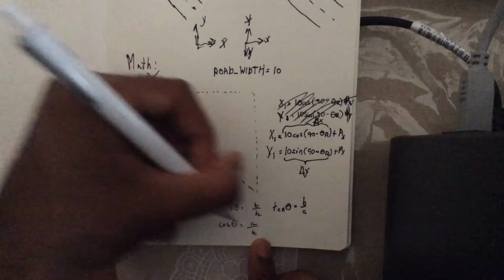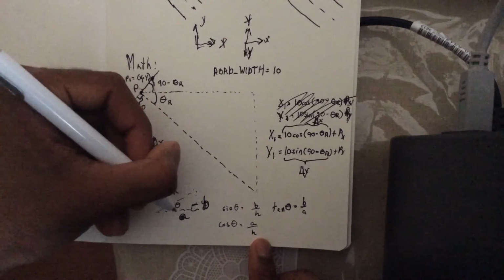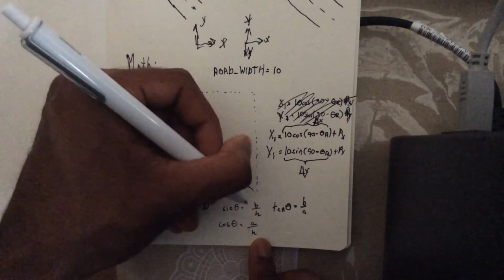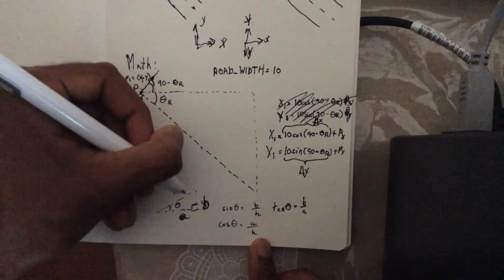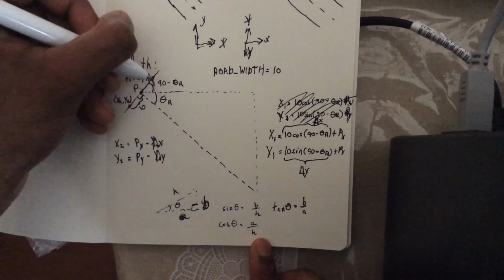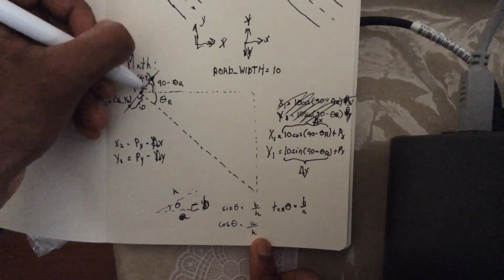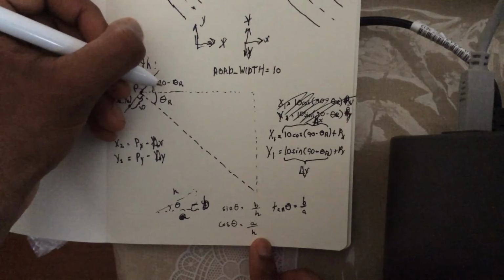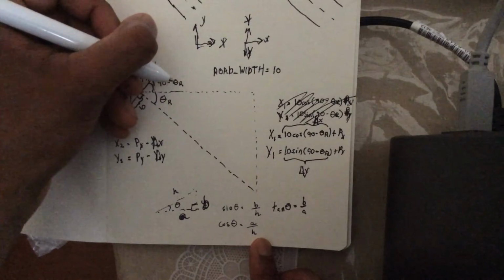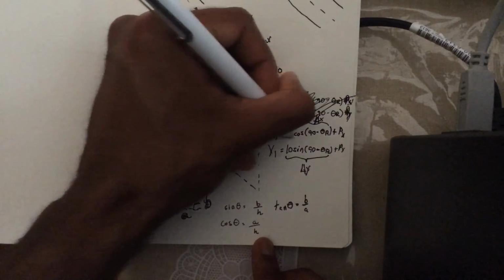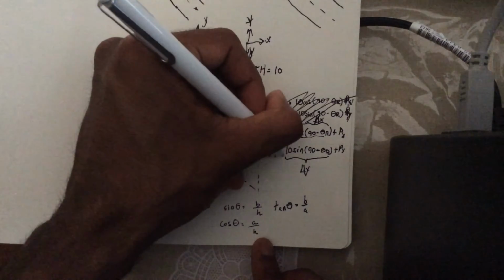Cos of theta is adjacent over hypotenuse, so a over h. If you rearrange for a and b, you get that b is equal to h sine theta, the hypotenuse times sine theta. That's the same argument we're applying here. The hypotenuse is the road width, and the angle is 90 minus theta r. So that's where we get these two expressions.